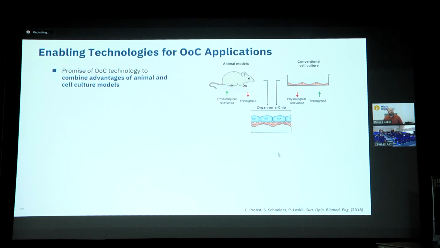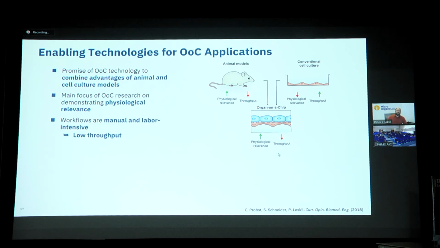Because one of the problems is that the organ on a chip technology promises to combine the advantages of animal and cell culture models. So you want a model that has a high physiological relevance and also a higher throughput. Almost all of the organ on chip research focuses on demonstrating physiological relevance so far. The throughput is rather low.